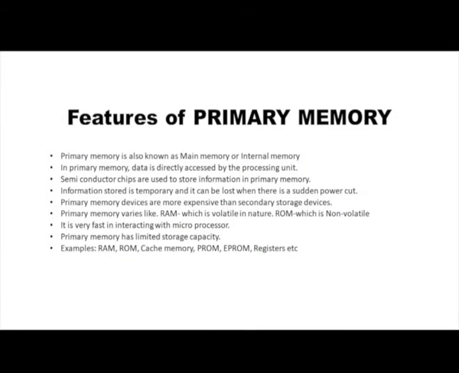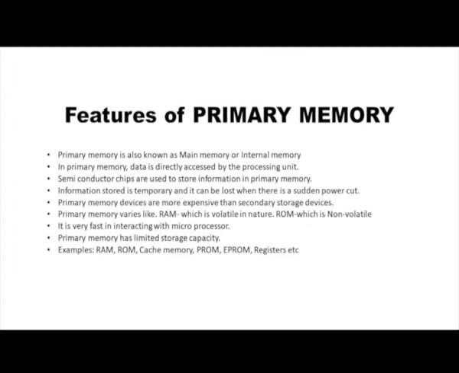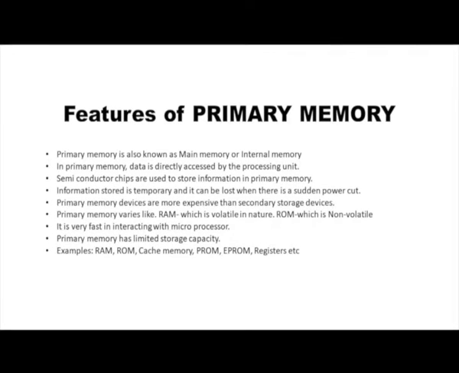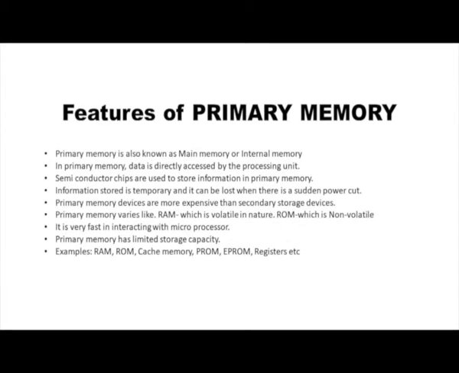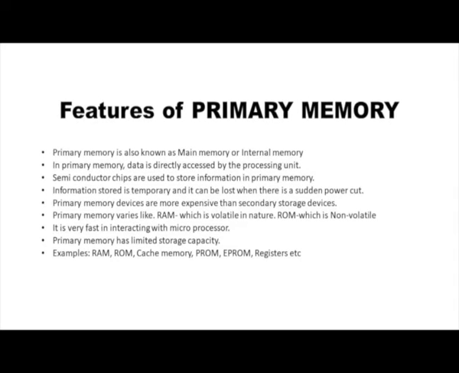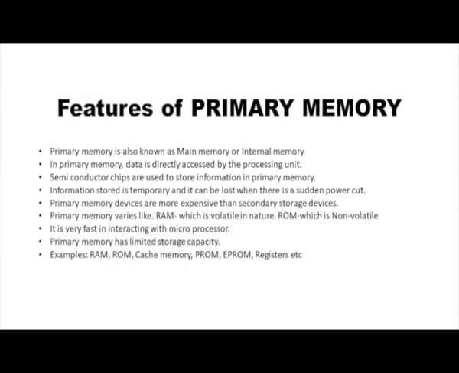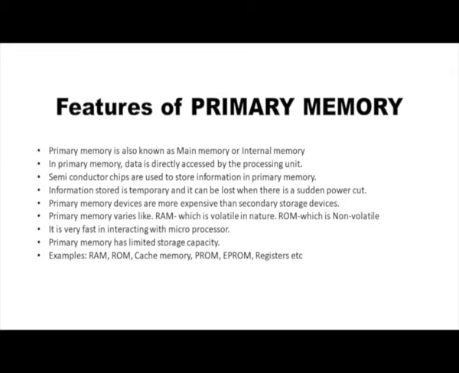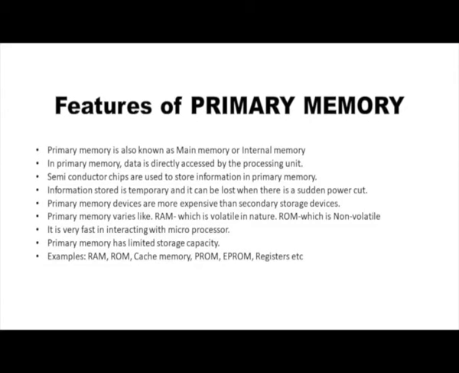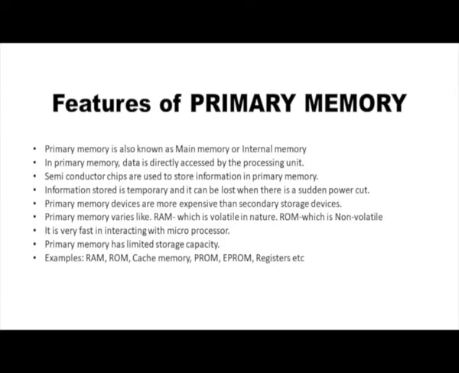Well, shall we compare primary and secondary memories? First, let us have a look at the features of primary memory. Primary memory is also known as main memory or internal memory. In primary memory, data is directly accessed by the processing unit. Semiconductor chips are used to store information in the primary memory. Information stored is temporary and it can be lost when there is a sudden power cut.